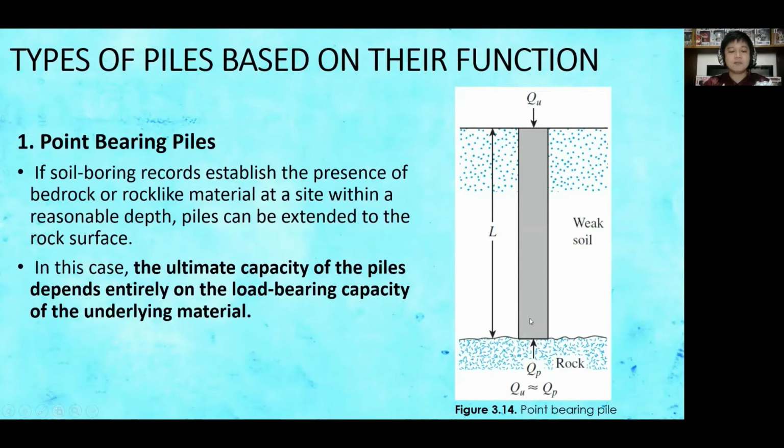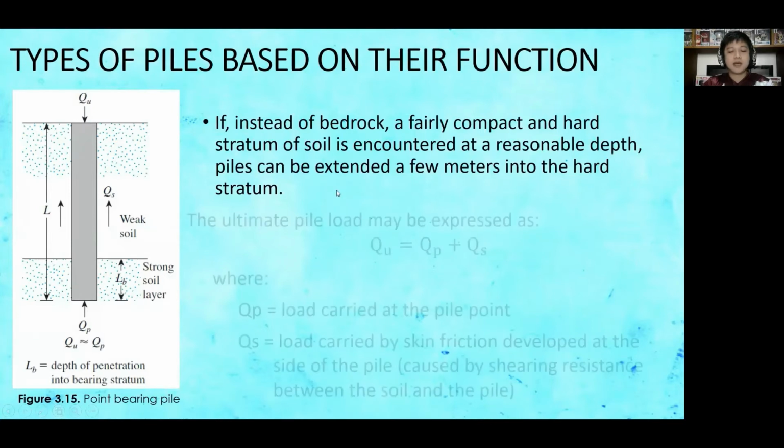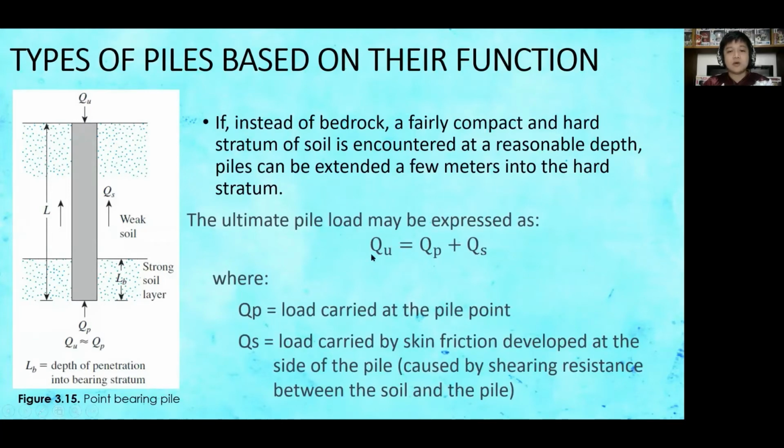Thus, the capacity is only the bearing capacity at the tip of the pile. Another case is that instead of bedrock, piles can be extended through a strong soil layer. Thus, the capacity may be expressed as Qu, the ultimate, equal to the point bearing at the tip plus the skin friction at the side of the pile.